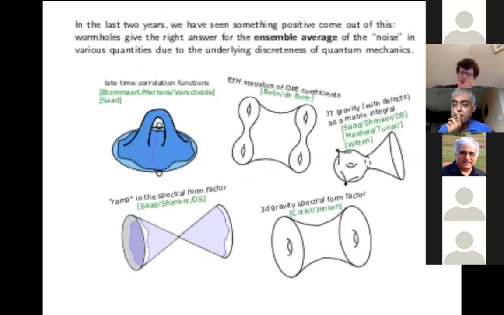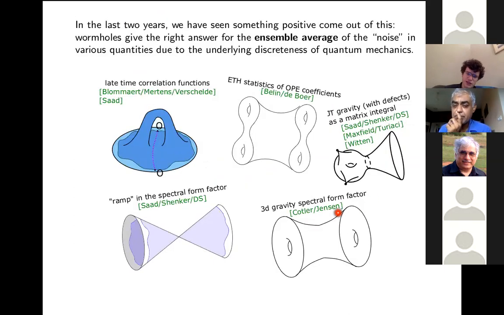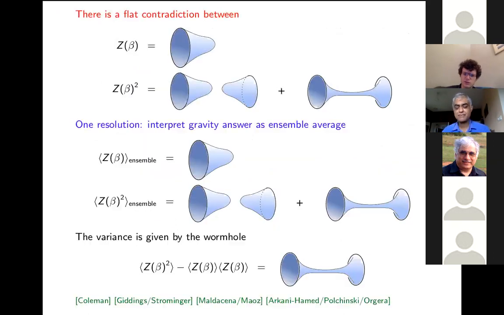So, we got a bit off track here, but just to review this mini part of the talk, the puzzle was these wormholes break factorization, and they seem to need to be interpreted in terms of an ensemble.